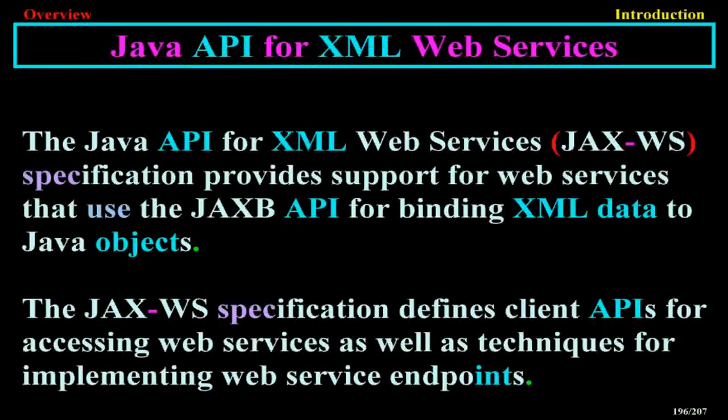Java API for XML Web Services. The Java API for XML Web Services, JAX-WS, specification provides support for web services that use the JAXB API for binding XML data to Java objects. The JAX-WS specification defines client APIs for accessing web services as well as techniques for implementing web service endpoints.